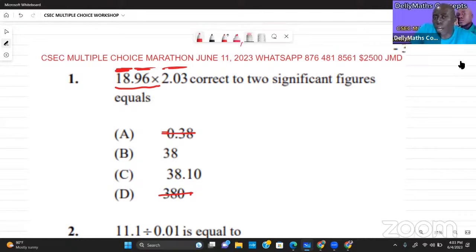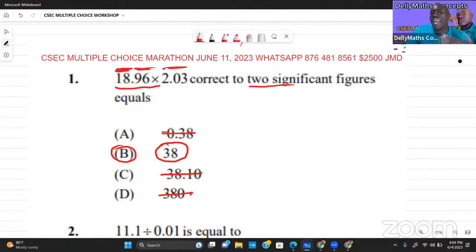Then I'm going to focus on, so I'm not even working this out, because when you look at the responses, we're saying for two significant figures, this is the two significant figures. This is not two significant figures. So technically the answer is just B. I have not worked it, but based on the other answers that are there, I will not get it incorrectly because I know approximation.